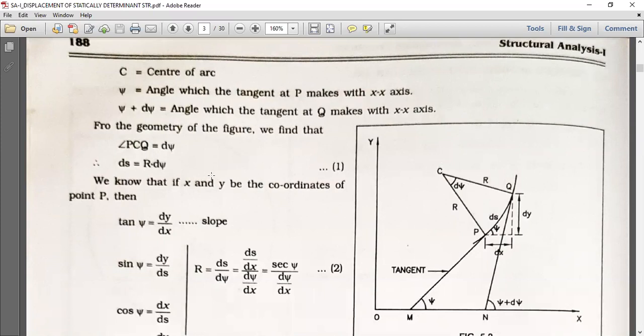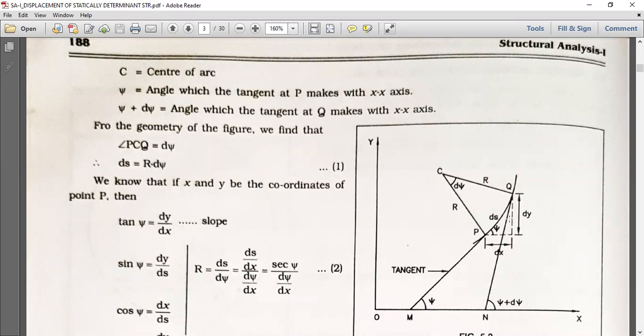Psi plus delta psi is the angle which the tangent at Q makes with the x axis. From the geometry of the figure, we find that angle PCQ is equal to d psi, and ds is equal to r d psi.